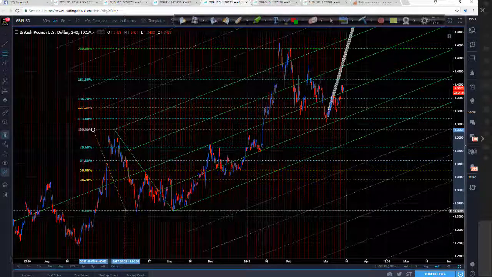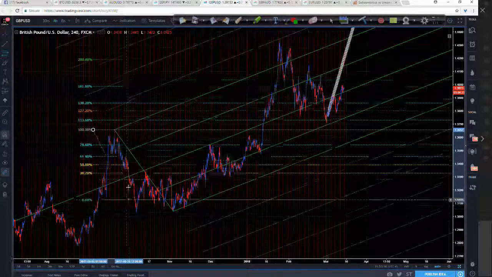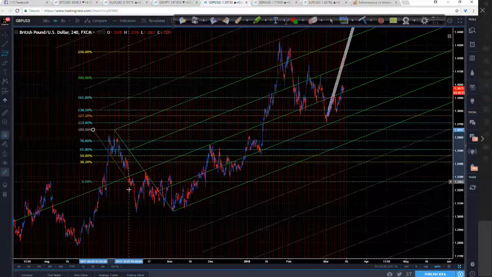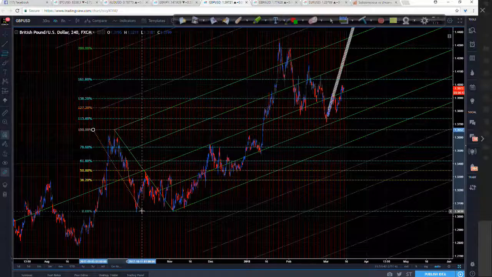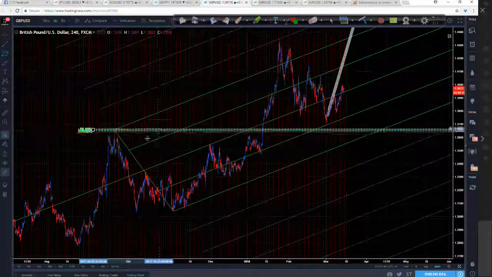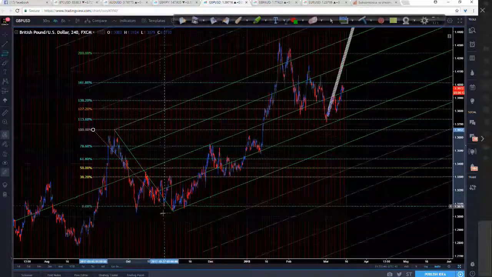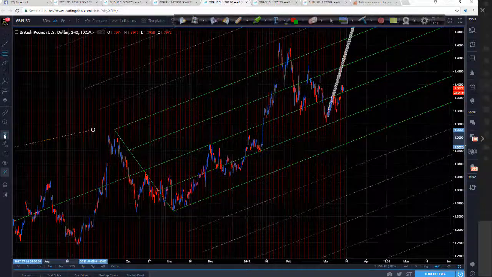I am more than 200% right there right now. You can also measure the first wave up as you would in an Elliott wave projection. Oh, come on. Turn that thing off. Okay.